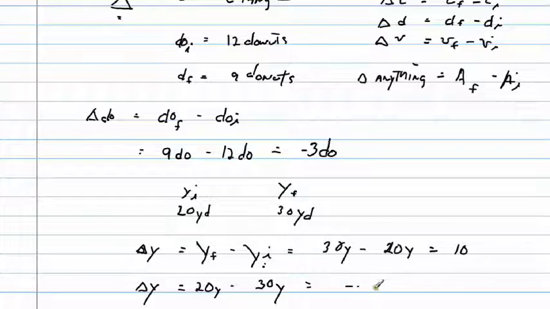So you've got to watch your signs very carefully. But if you keep it, the formula is always y final minus y initial. And delta should be an easy concept to understand.